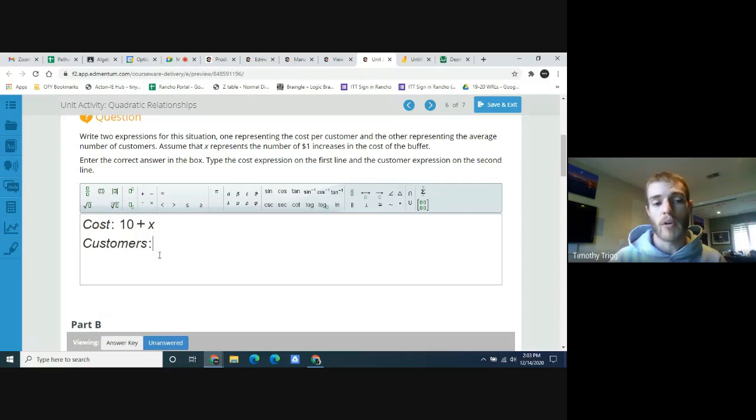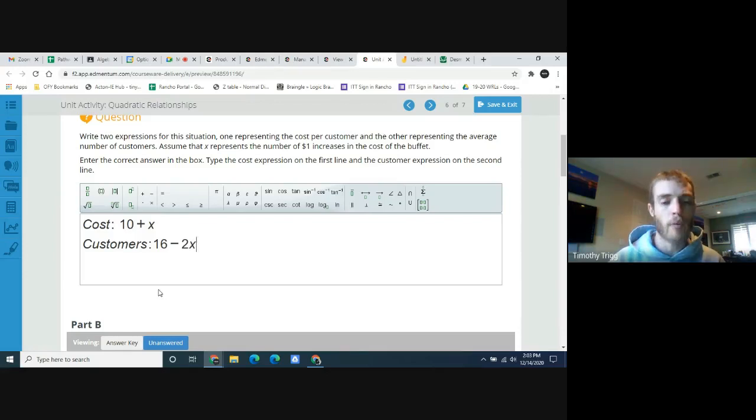Now the number of customers, our starting number of customers was 16. But the number of customers that come to the buffet goes down by 2 for every dollar. So if I increase the price to $11, x would be 1 in this case, then there would actually only be 14 customers, because 2 times 1 is 2, and then 16 minus 2 is 14.